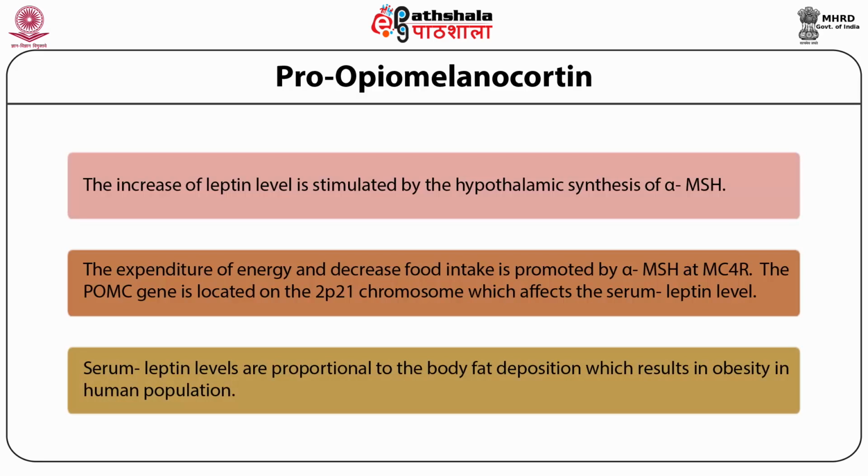The deficiency of POMC results in hyperphagia and early onset of obesity due to loss of melanocortin signaling at the melanocortin 4 receptor, MC4R. Mutation in this gene is associated with pale skin, red hair, obesity, adrenal insufficiency, etc.